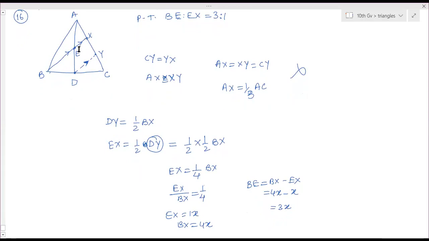In triangle ADY, E is the midpoint of AD. EX is parallel to DY. Okay. Midpoint theorem. So you have to write that. I have written only the shortcut. Everything you have to mention: which triangle, which midpoint theorem where you have used. Everything you have to write down. I only told you the method.